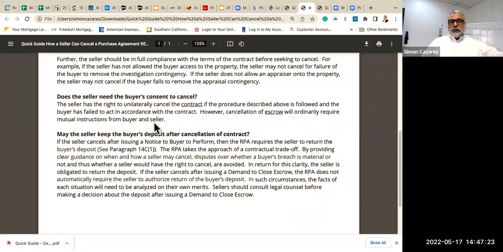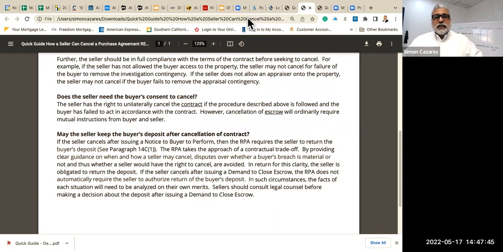You send out the notice to perform for the buyer to perform, and the buyer still is MIA. They're not responding. The agent is not responding, and you're in limbo. You have what you thought was an open escrow, but you have no communications. You send out the notice to perform. Buyer did not perform.